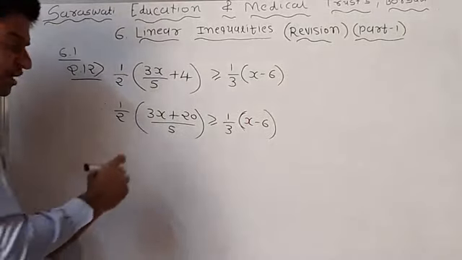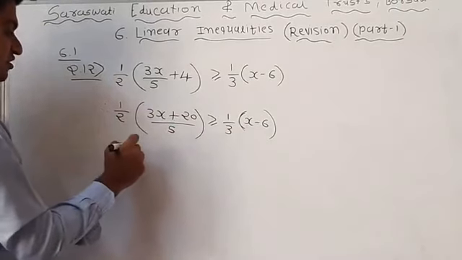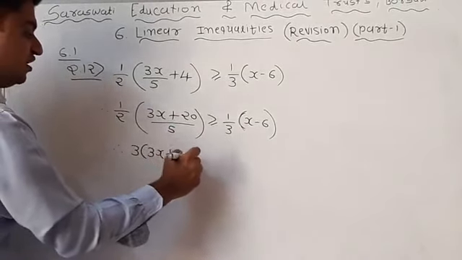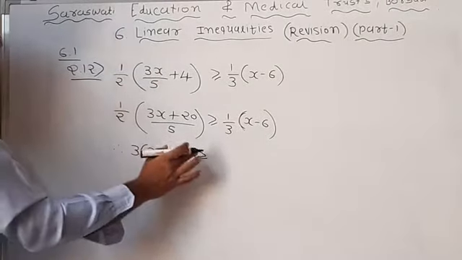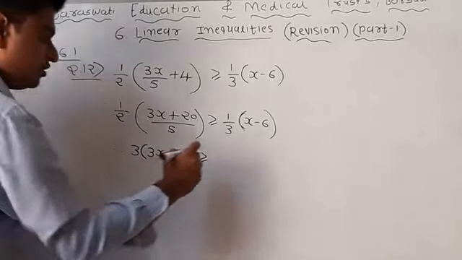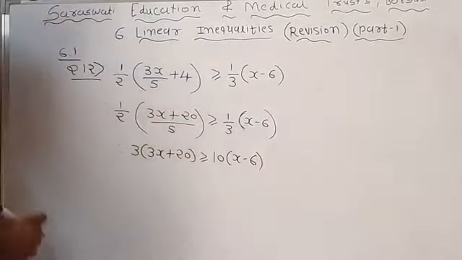5 2s are 10. Okay, 3 is written on this side and 10 on the opposite side. So 3 into bracket 3x plus 20 greater than or equal to 5 2s are 10, so 10 into bracket x minus 6.